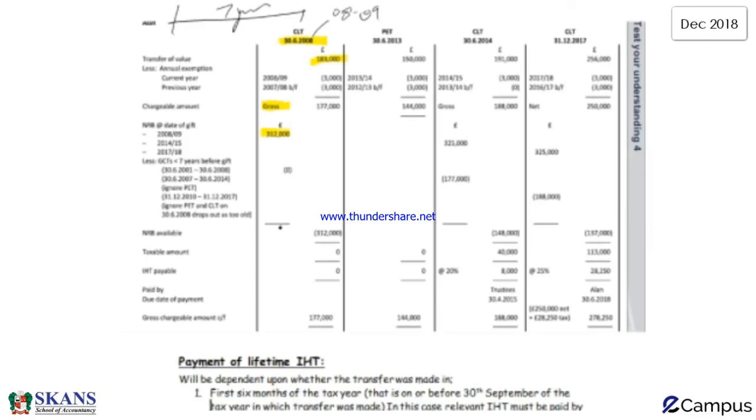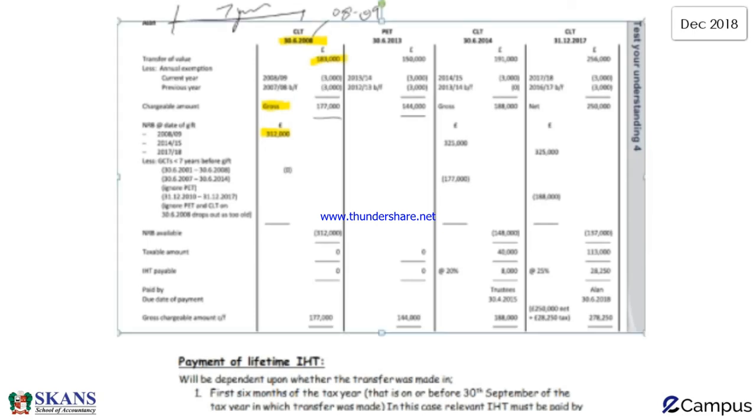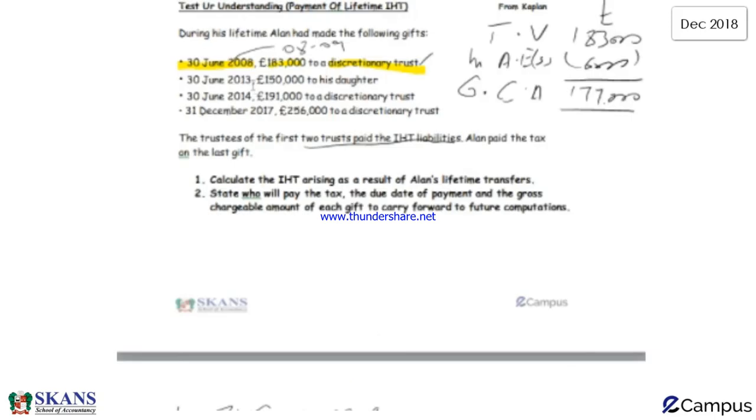So that's why the full nil rate band would be applicable for this transfer. As the chargeable amount is just 177,000 and the nil rate band available is 312,000, there would not be any lifetime tax payable. But the second transfer which our client made was on 30th June 2013.